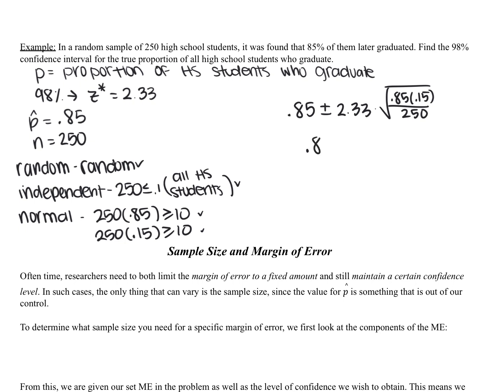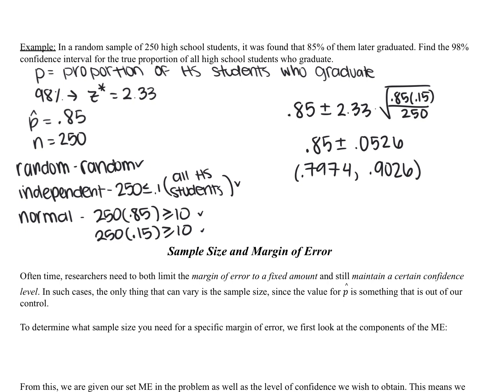So I'm going to get 0.85 plus or minus 0.0526, which is 0.7974 to 0.9026.